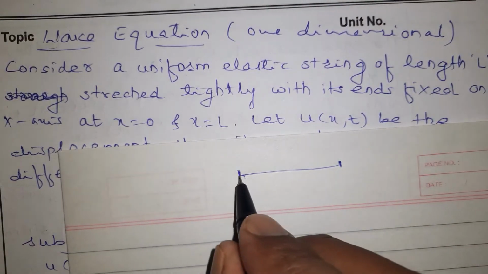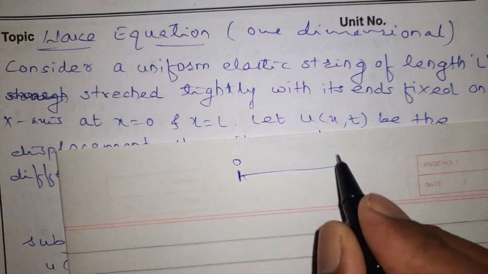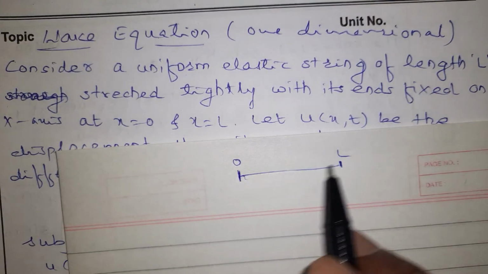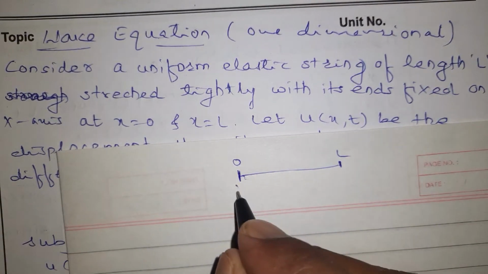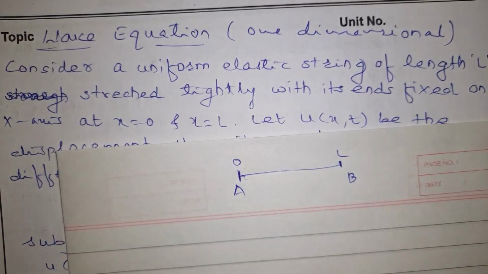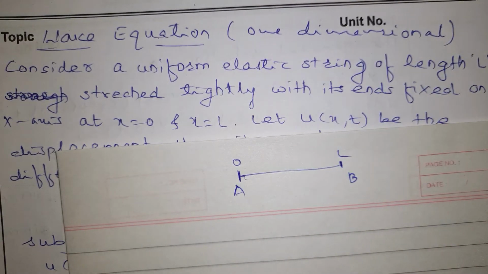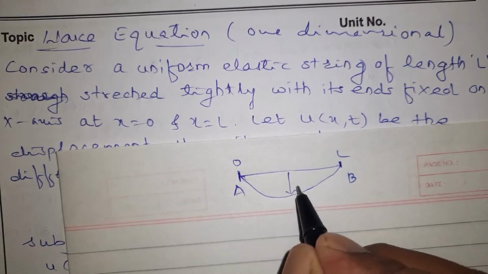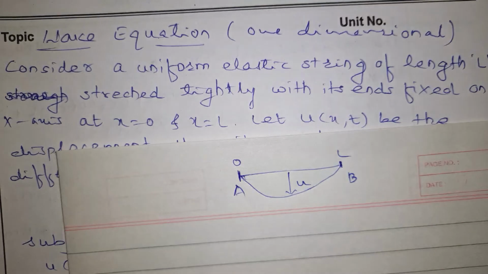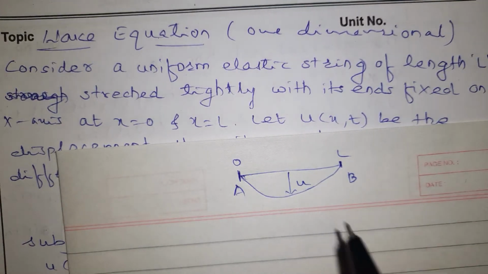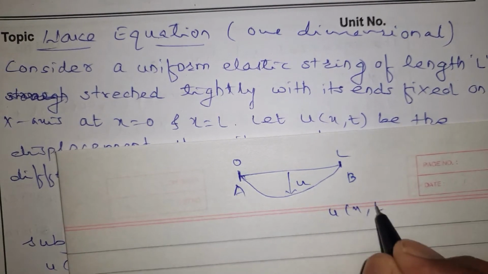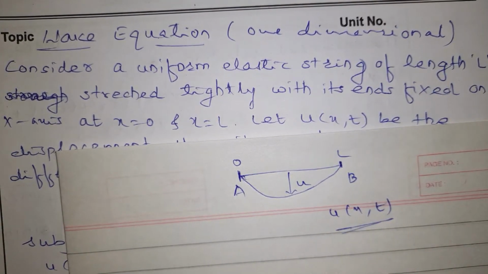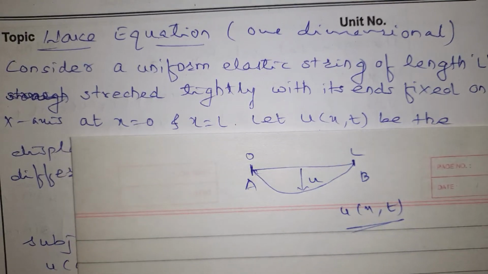So here is a uniform string between 2 points of length L. I can call this point A and this point B. The deflection is denoted by U, or in some books it is denoted by Y. We use both because it is just a notation. So this U depends on length and time. It is a function of x and t.